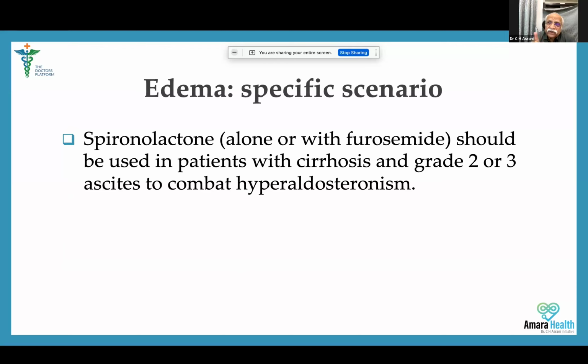Spironolactone alone or with furosemide should be used in patients with cirrhosis and grade 2 or 3 ascites, because one of the complications of ascites is hyperaldosteronism. So you cannot use plain furosemide; you have to use it with spironolactone.